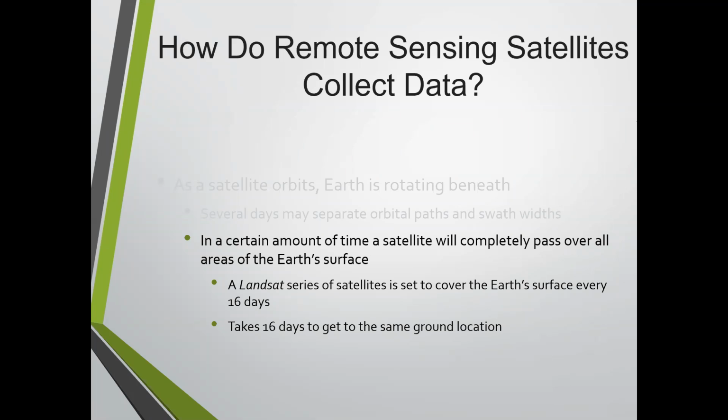So if something is super time sensitive, a 16-day time period in, let's say, a war could make a huge difference. You wouldn't necessarily want to use this type of satellite surveillance system for something that needed to be monitored regularly. That might be a case where you're using a geostationary satellite placed into position over the location where you need it, so it gets it constantly.